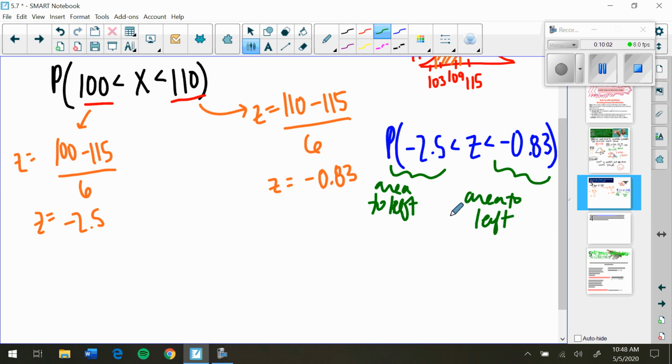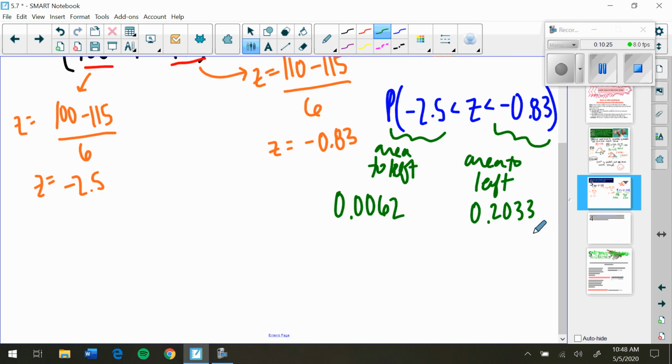So when I go to my table A and I look for negative 2.5, I'm getting 0.0062 as the area to the left. And when I look at negative 0.83, I'm getting 0.2033, which matches up with the previous problem we did.